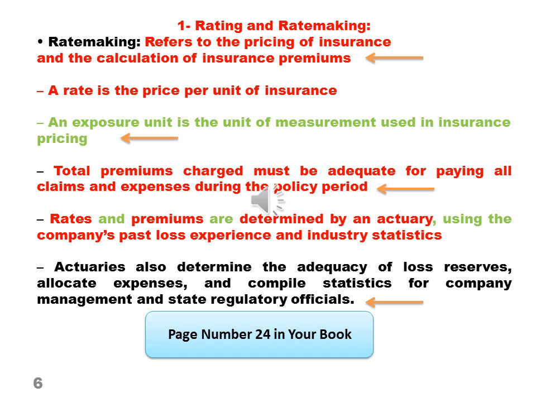and state regulatory officials. So the conclusion: rate making is the pricing of insurance. A rate is the price per unit of insurance. An exposure unit is the measurement which can be used in insurance pricing. The premium, which must be collected from the insured person, must cover all the claims which must be paid by the insurance company after the loss occurs.